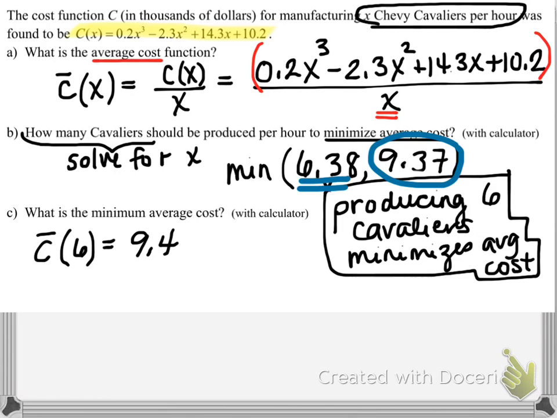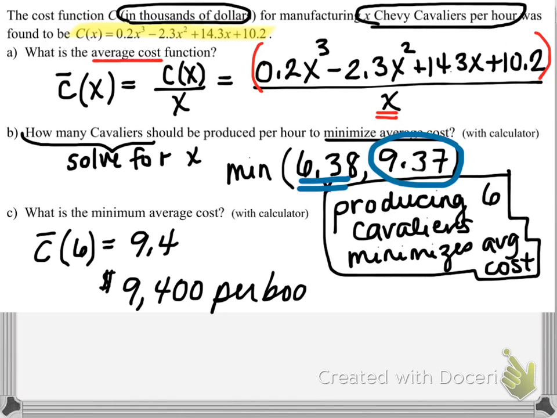We got that value from the table on our calculator by substituting 6 for x into our average cost function. But then you also need to remember that your cost was measured in thousands of dollars. So this isn't $9.4, but $9.4 thousand, meaning $9,400 is your minimum average cost per boat.